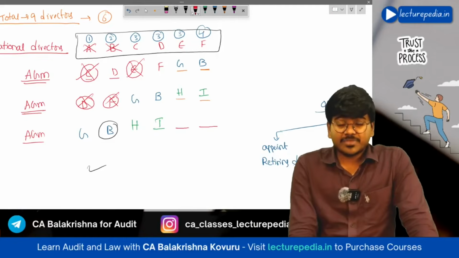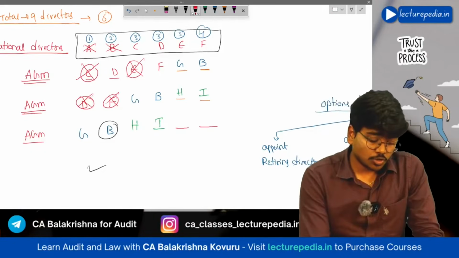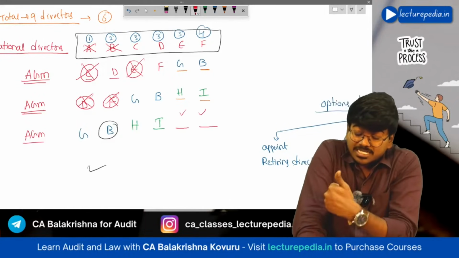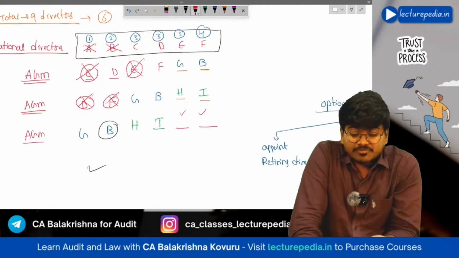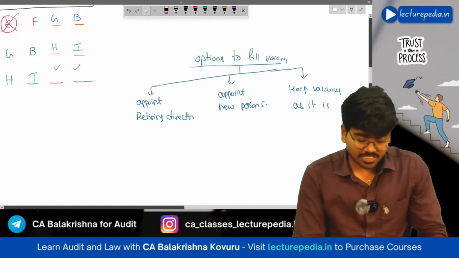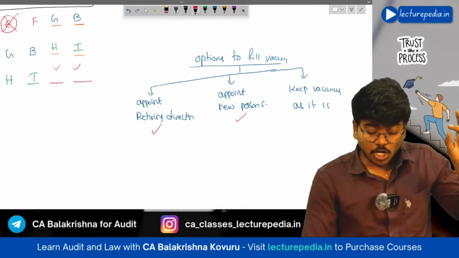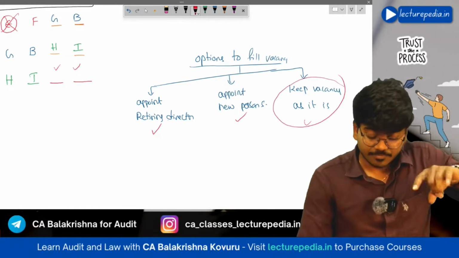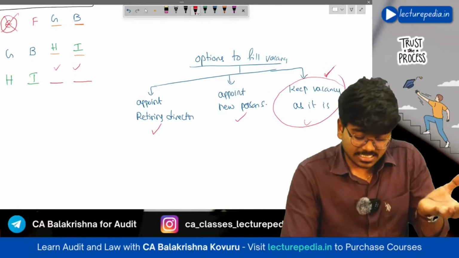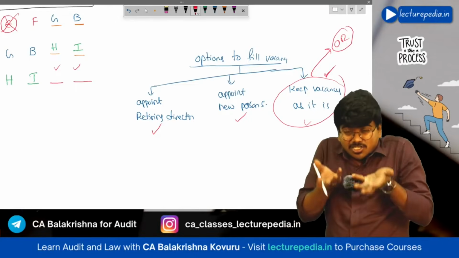Now let's say shareholders have not passed any resolution to fill these vacancies. They have also not passed any resolution to keep these vacancies as they are. Basically, shareholders have three options: to appoint a retiring director, or to appoint a new person, or to keep the vacancy as it is. If shareholders decide to keep the vacancy as it is, for this also a resolution has to be passed, because this is also a decision.